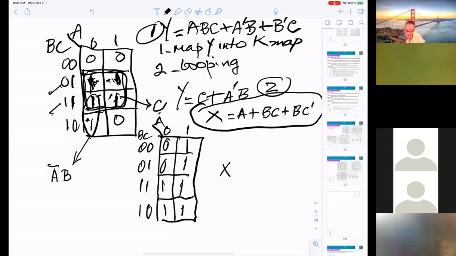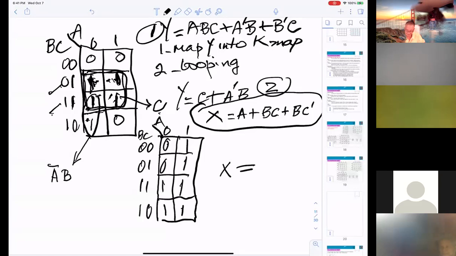Okay, tell me what you're looping. All ones on the up and down, and then on the bottom part, all of those, and then the four ones on the right. That's A. Then you OR it with this guy.